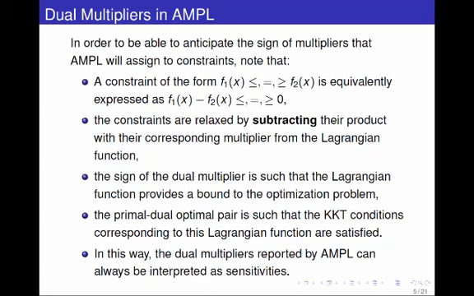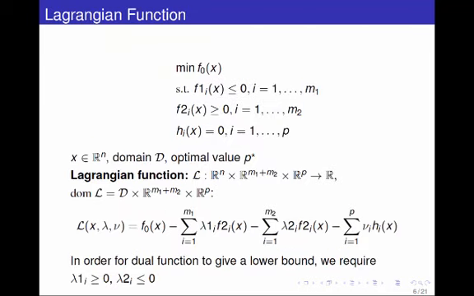The sign of the dual multiplier is such that the Lagrangian function provides a bound. And then the primal dual optimal pair is such that the KKT conditions are satisfied. And in this way, AMPL reports sensitivities. So what I just said is formally described here. I have F1 type of constraints for less than or equal, F2 for greater than or equal. This is the Lagrangian function that I wrote over here.